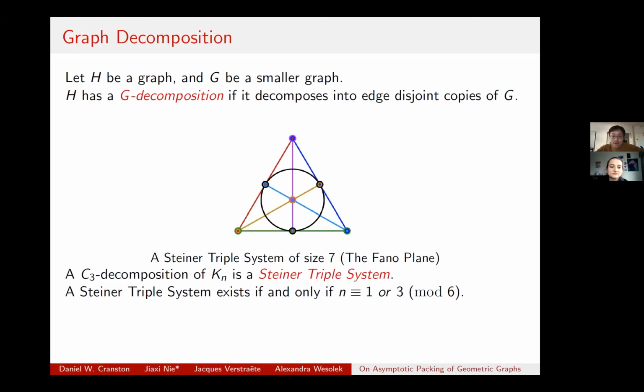Here we give an example of a Steiner triple system of size 7, which is famously known as the Fano plane. It is well known that a Steiner triple system exists if and only if n is equivalent to 1 or 3 modulo 6.